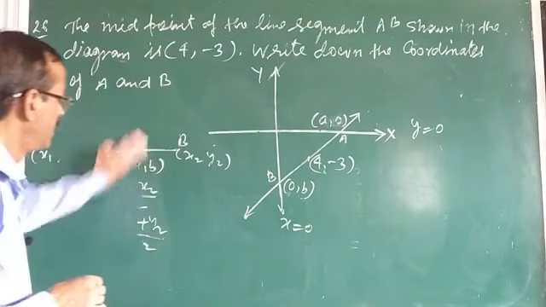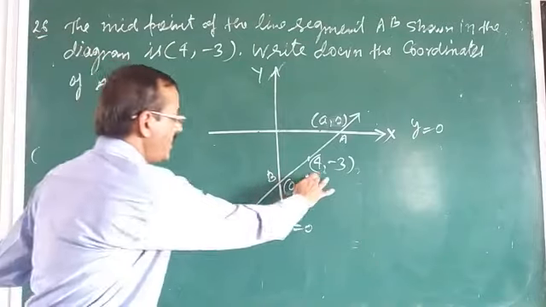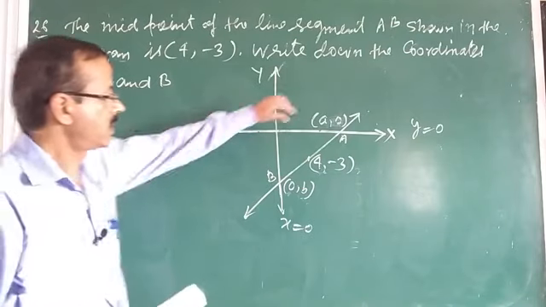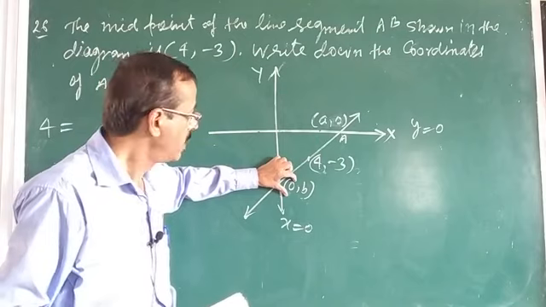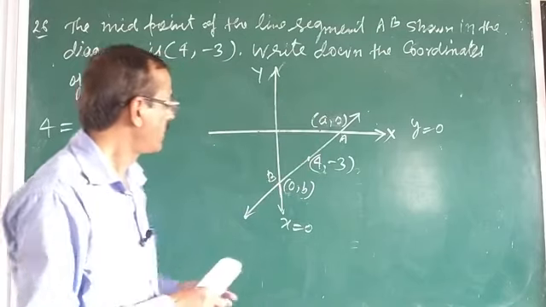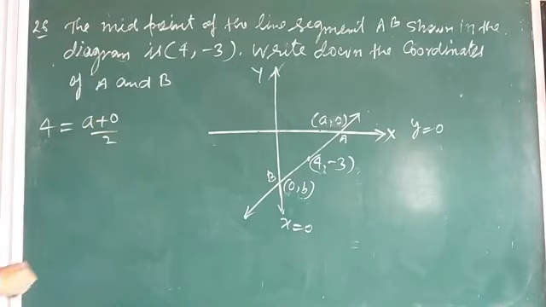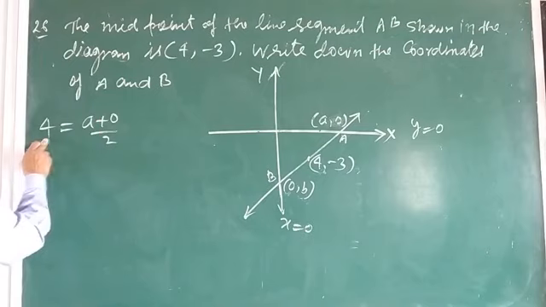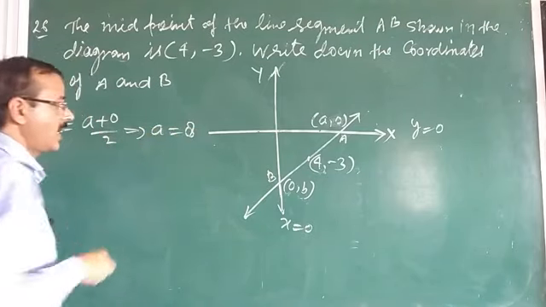So let's see. 4 is equal to, suppose this is x1, this is x2, y1, y2. 4 is equal to A plus 0 upon 2. Sum of abscissa upon 2. 2 will be there, 2 fours are 8. So we can write that A is equal to 8.